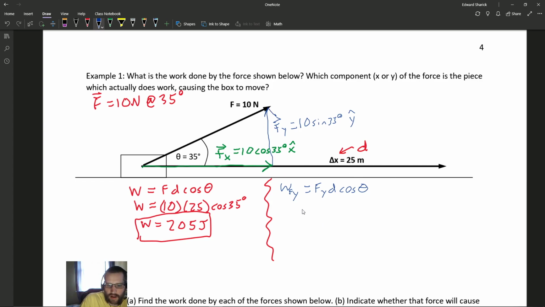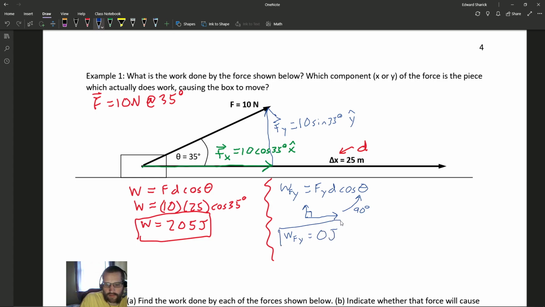My force y is going straight up and my displacement is going to the right, so these are at a 90-degree angle, they're perpendicular. So theta is going to be 90 degrees. And if you recall, cosine 90 is 0, which would make this whole thing equal to 0.